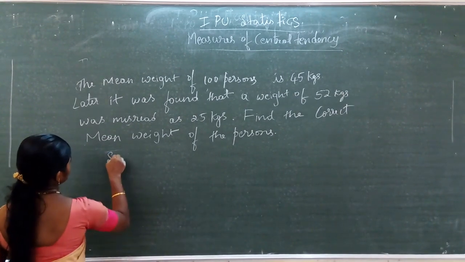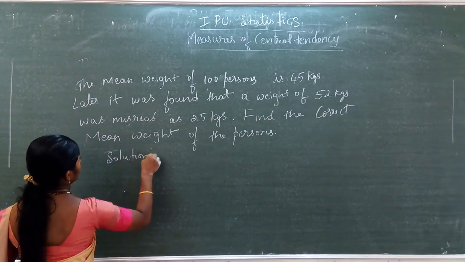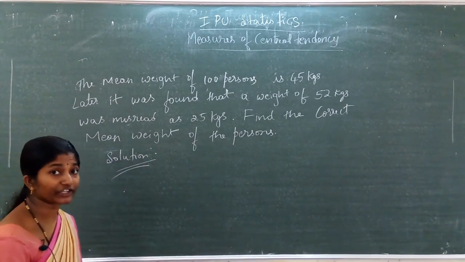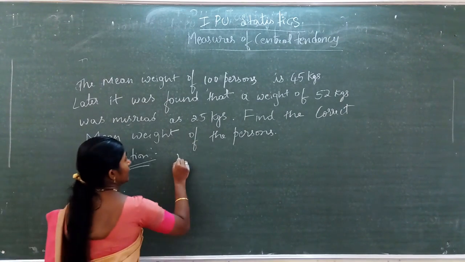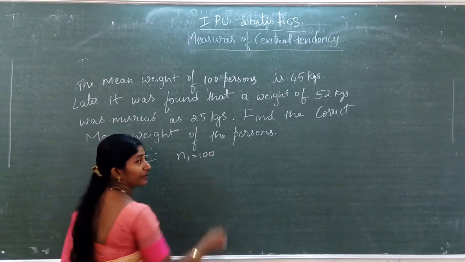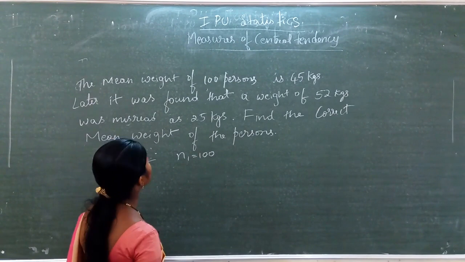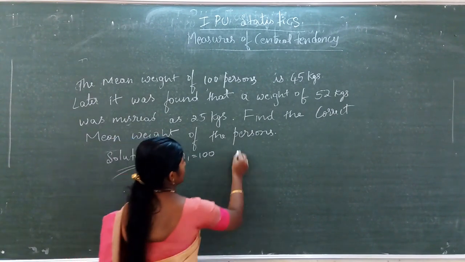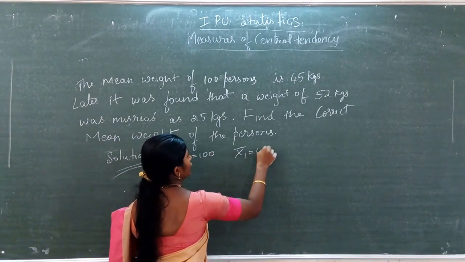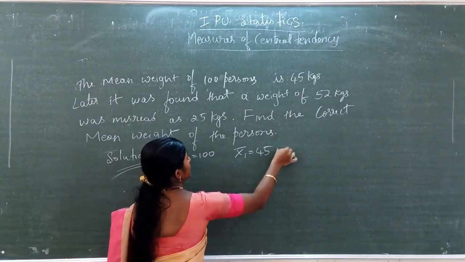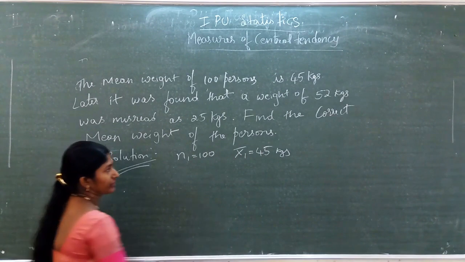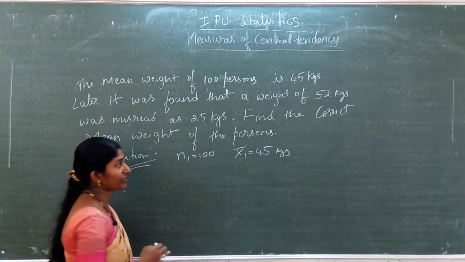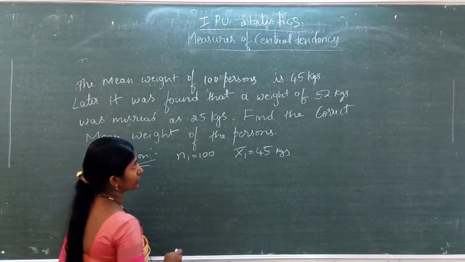Here, first we have to write what is given. The mean weight of 100 persons: n1 is given, that is 100 persons. Then 45 kgs, that is x1 bar. Then it was found that a weight of 52 kg was misread as 25 kgs. Actually this is wrong, because by taking the wrong value they got 45 kg.